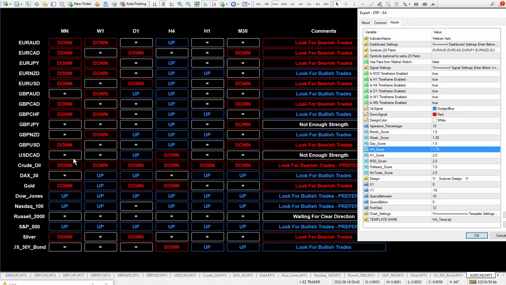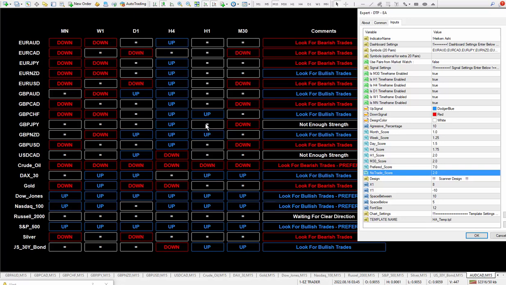Too much flat. No trade will show not enough strength. If you don't want to see this at all, you can just put this on 0. But I like to see this. It just sort of draws my attention. Don't pay too much attention.